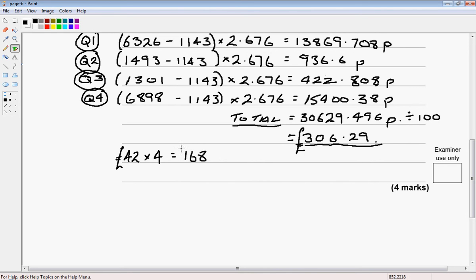So this is 168 pounds. So the total bill for 1 year would be £306.29.